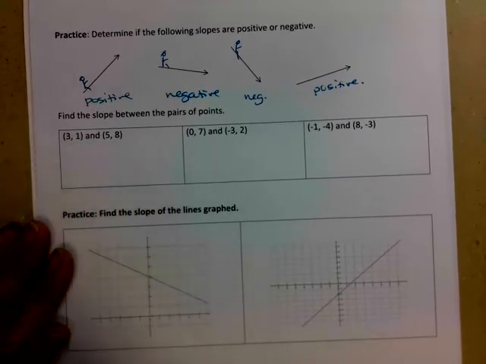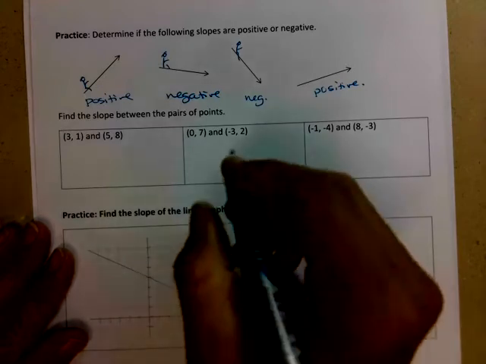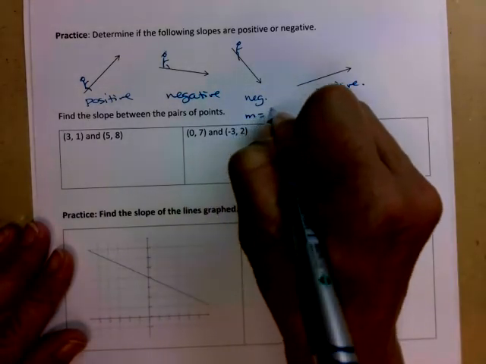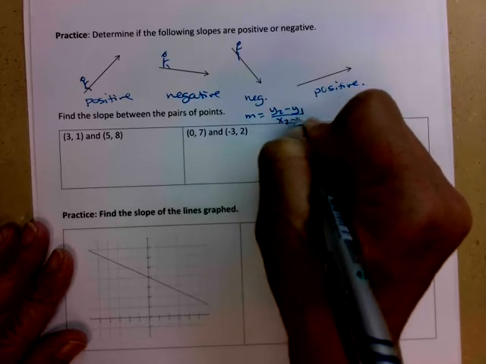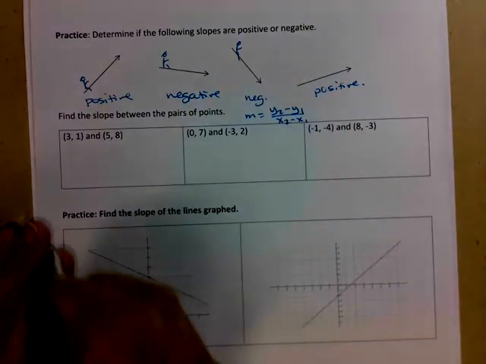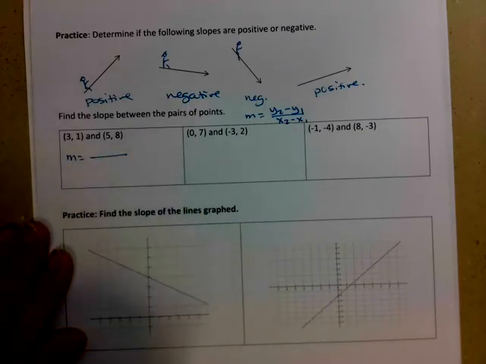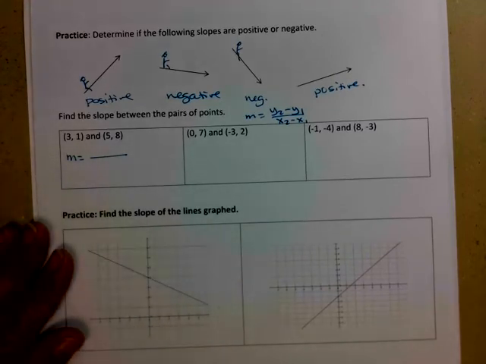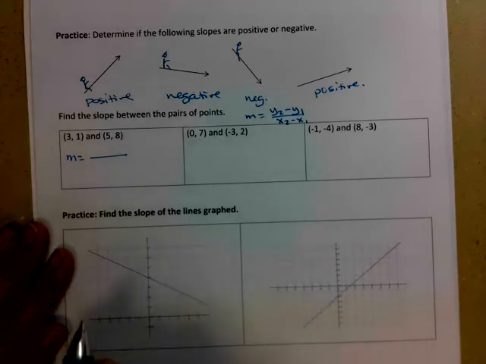So we're going to go ahead and use the slope formula to find the slope between these pairs of points. So slope formula one more time. M equals y sub 2 minus y sub 1 over x sub 2 minus x sub 1. So y sub 2, and it doesn't matter, pick whichever one you want. Usually if I just need to pick something, I'll put the biggest y value as y sub 2, but it really doesn't matter.